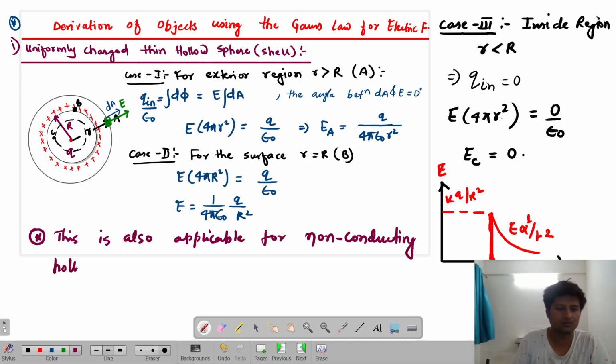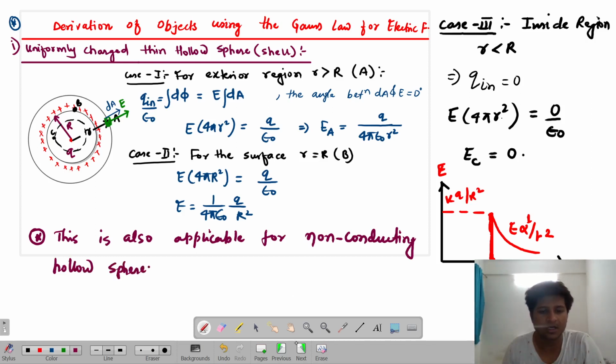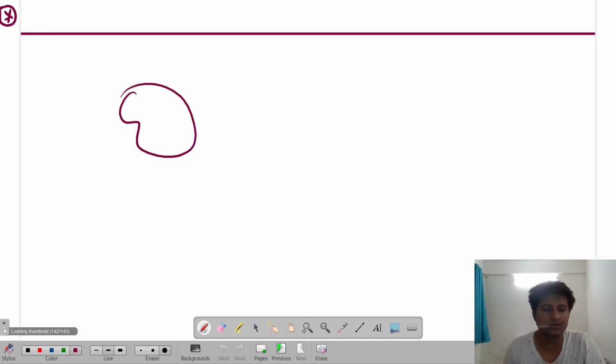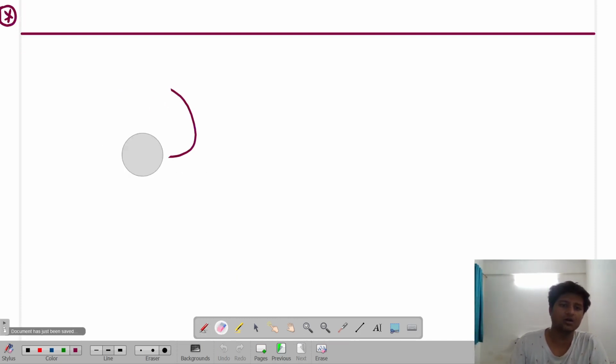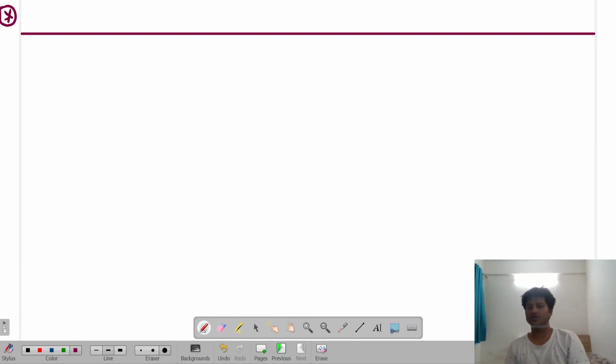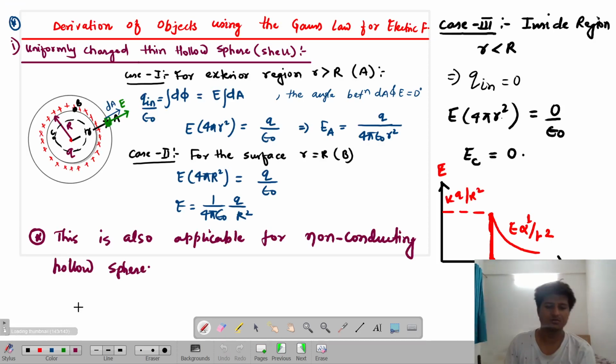Right now we will pick up the case of a non-conducting sphere. Then we will discuss the conducting case. Actually, the conducting case is similar to this non-conducting case. We will discuss that later on.